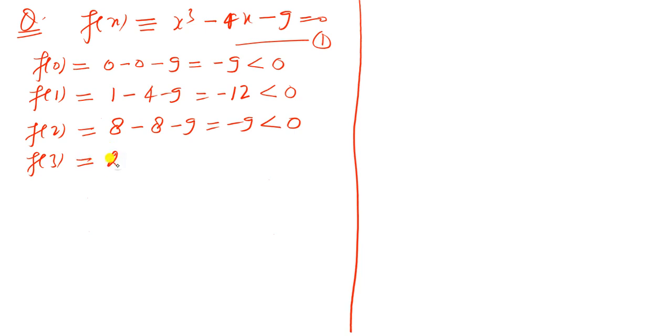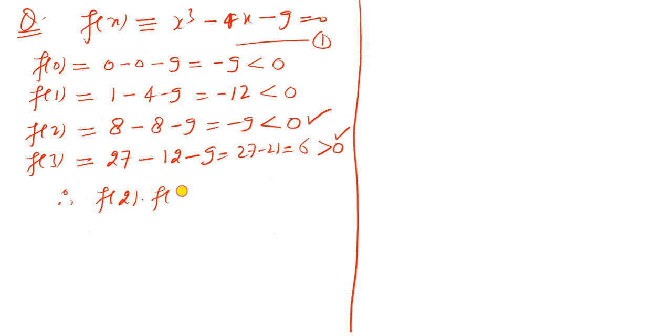So 3 to the power 3 is 27, minus 4 into 3 is 12, minus 9. So 27 minus 21, this is 6, which is greater than 0. So here the functional value is negative, here the functional value is positive. Therefore f of 2 into f of 3 is less than 0.